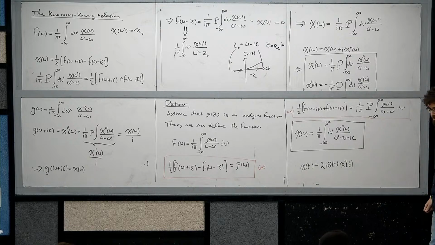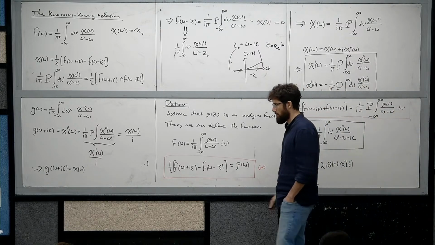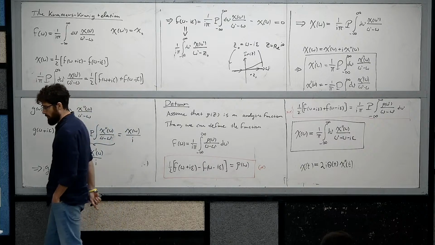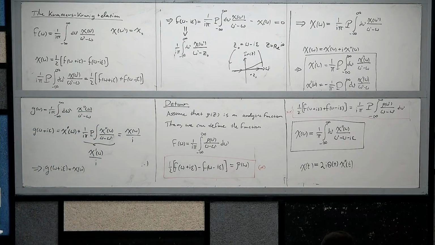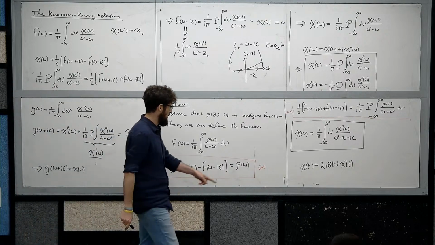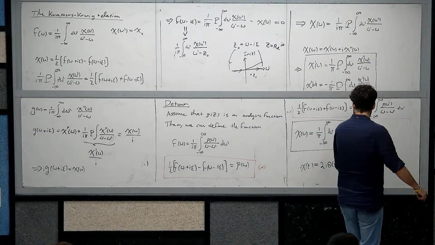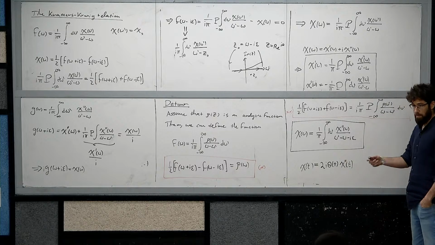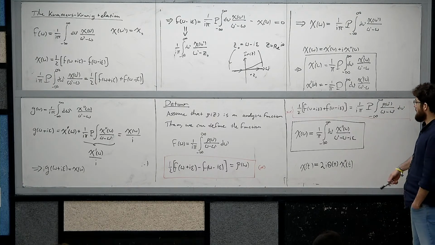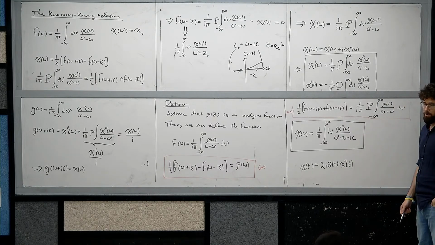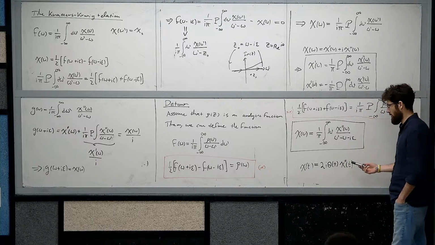Okay? Right, yeah. Good. So now we've closed the loop. We've proven that this chi double prime, which we found is responsible for the dissipation, is actually the imaginary part of the response function.